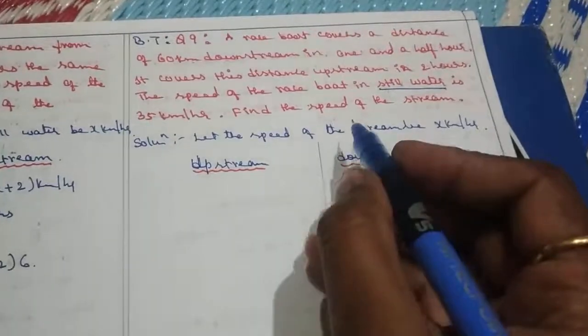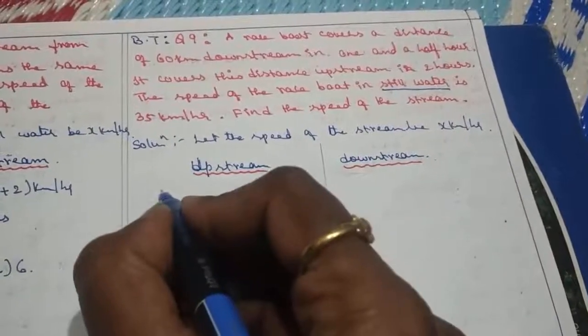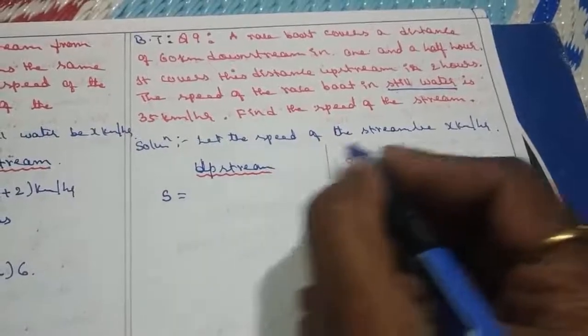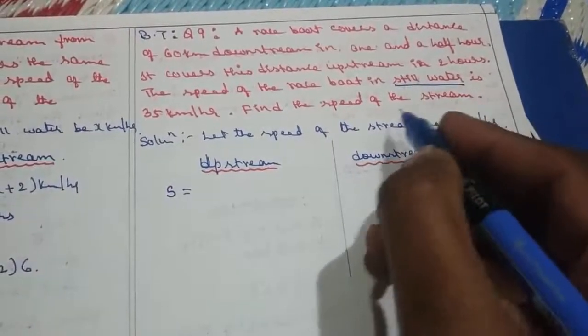So here we need to assume, let the speed of the stream be x km per hour. So here the speed of race boat in still water is already given, which is always greater than any other speeds.